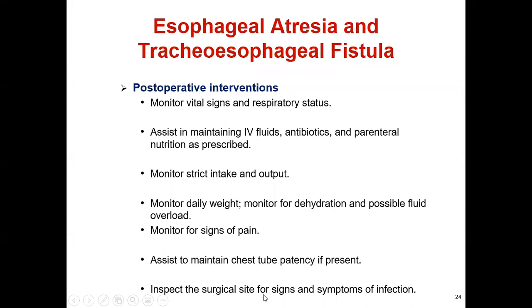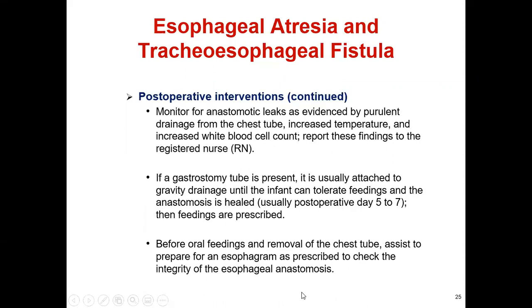Inspect the surgical site for signs and symptoms of infection. What else? Monitor for anastomotic leaks as evidenced by purulent drainage from the chest tube.